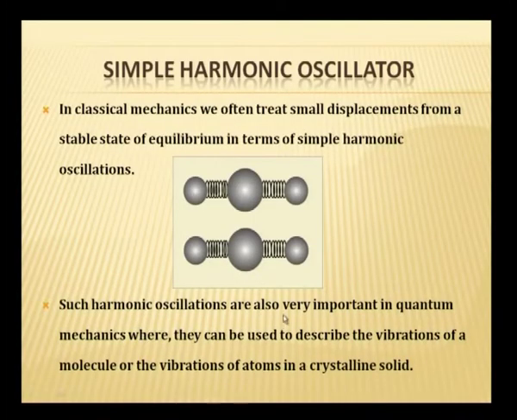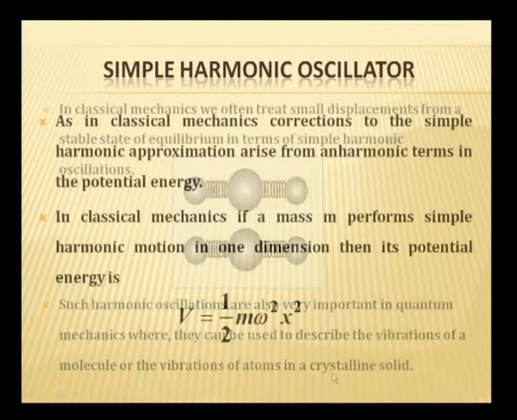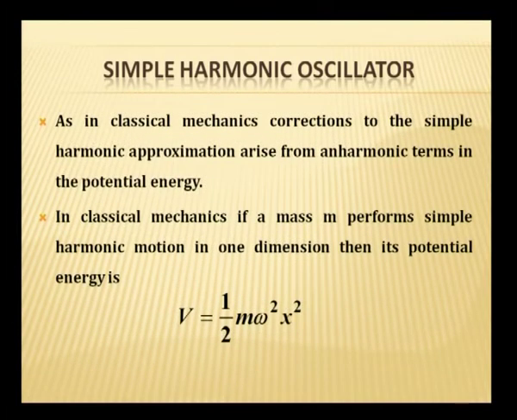Such harmonic oscillators are also very important in quantum mechanics, where they can be used to describe the vibrations of the atoms in a molecule, or the vibration of atoms in a crystalline solid. So, you make use of classical mechanics and try to write down the potential energy of the system.